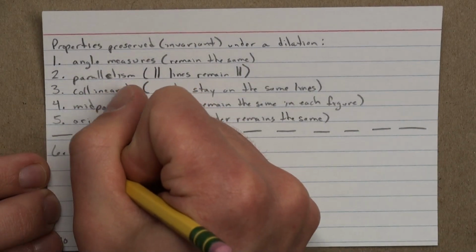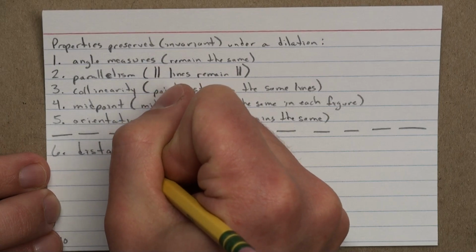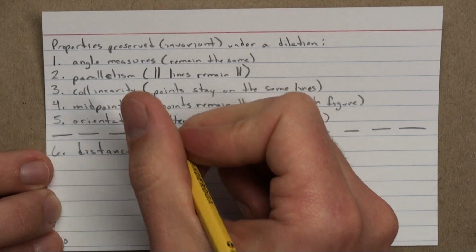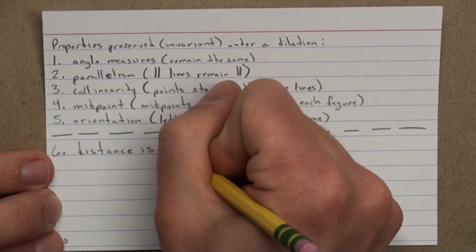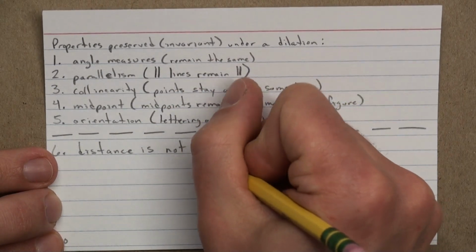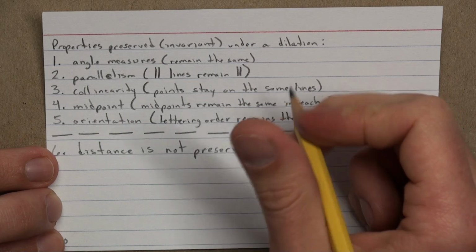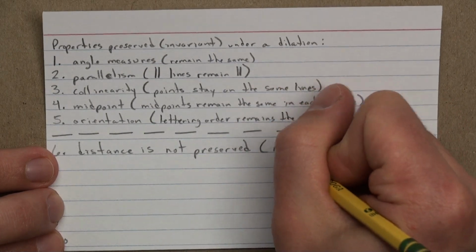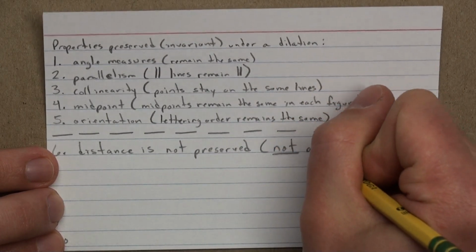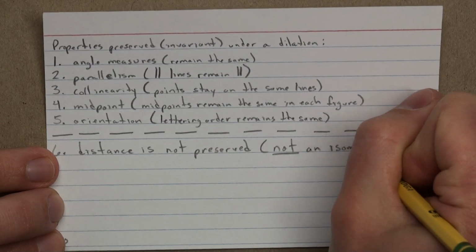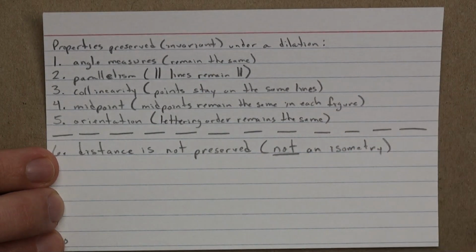Now for number 6, distance is not preserved. So it's not an isometry.